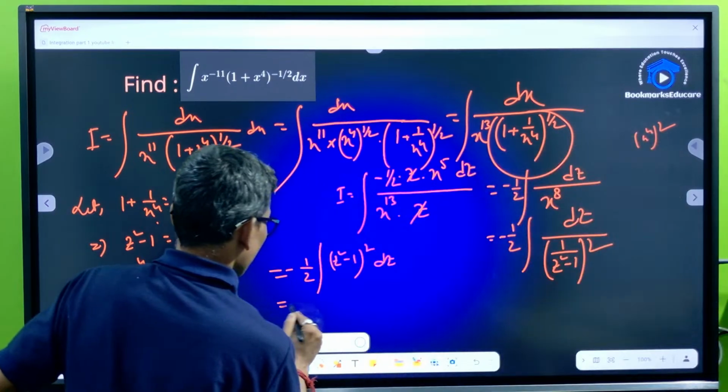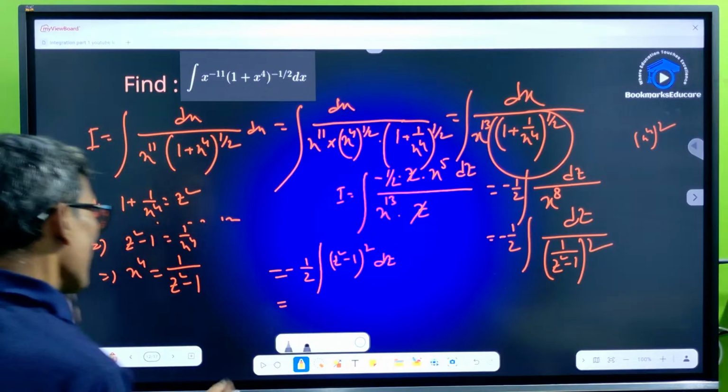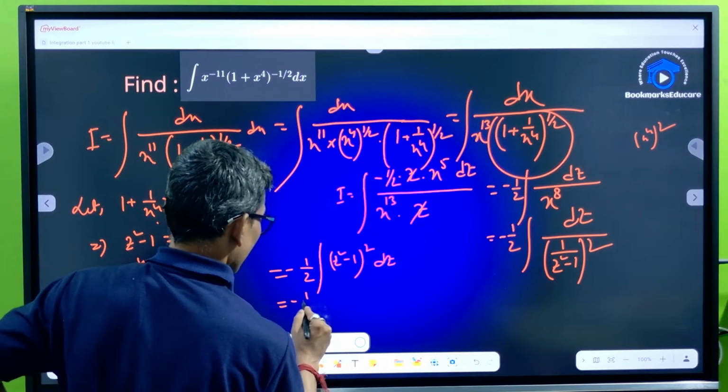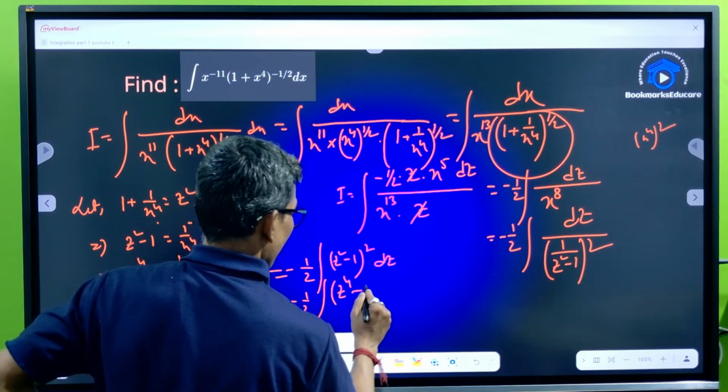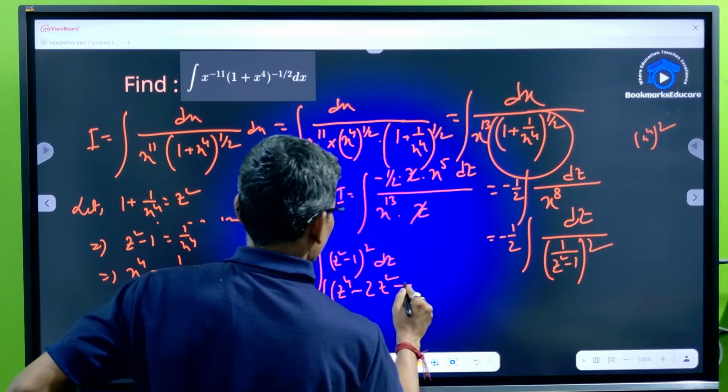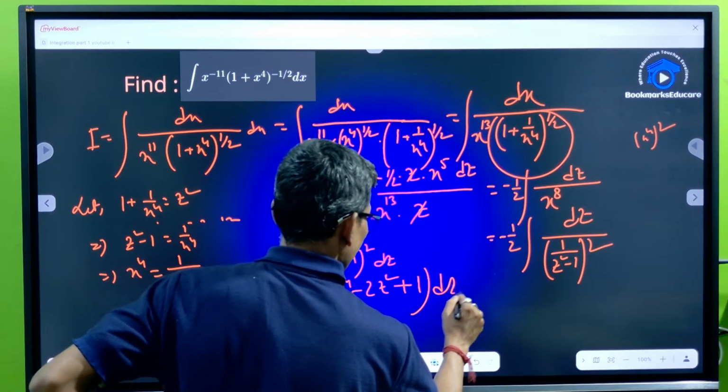So minus half z to the power 4 minus 2z square plus 1 dz.